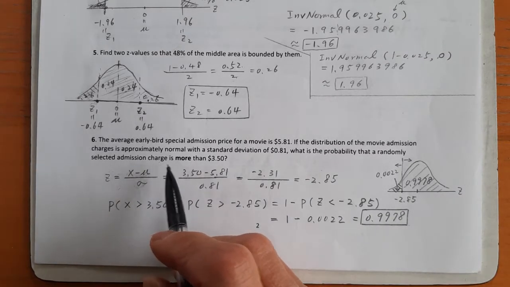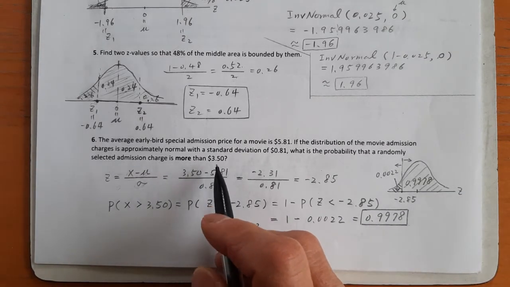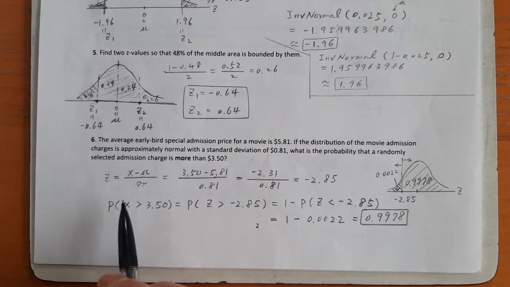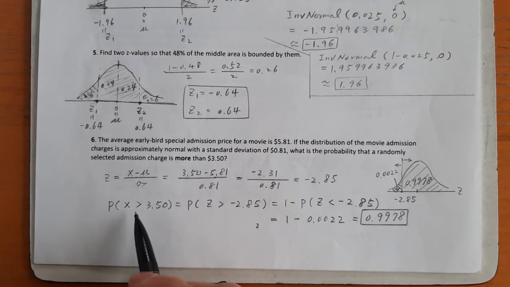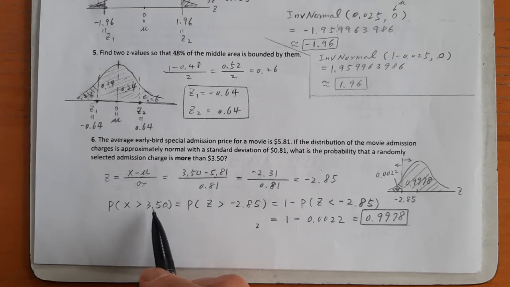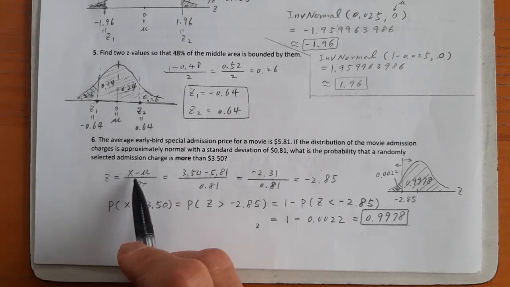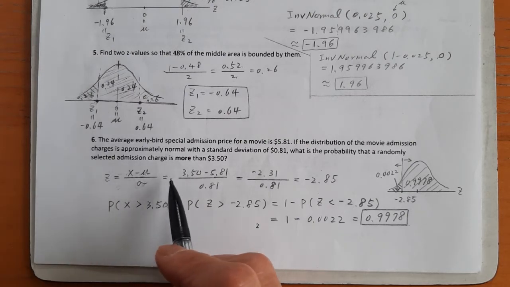admission charge is more than $3.50? So we're looking for the probability of X more than $3.50. First we figure out the Z score. Z is equal to X minus the mean over the standard deviation.